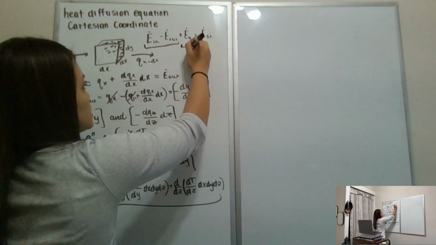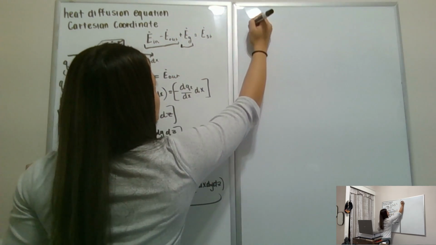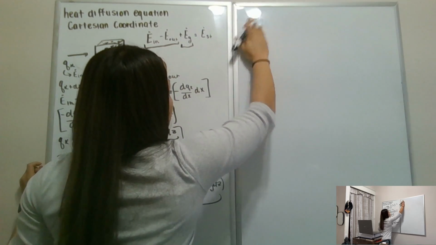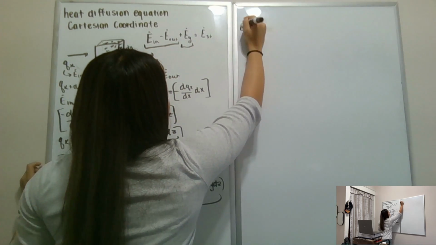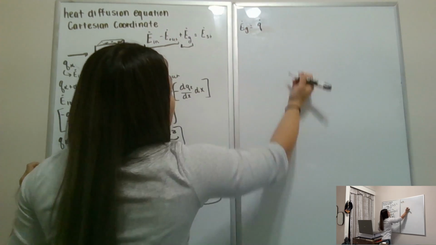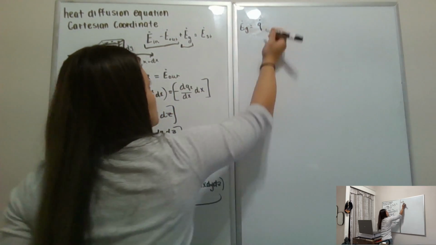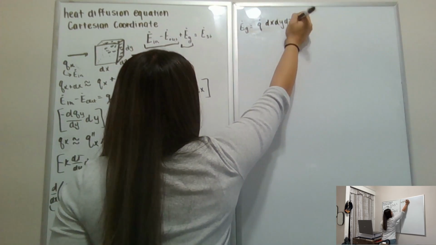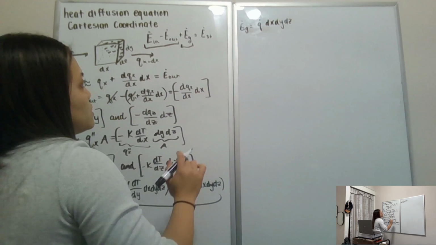Our energy generated would just be the heat flow that is generated times the volume, so that's going to be dx, dy, dz. And that's all we have for energy generated.